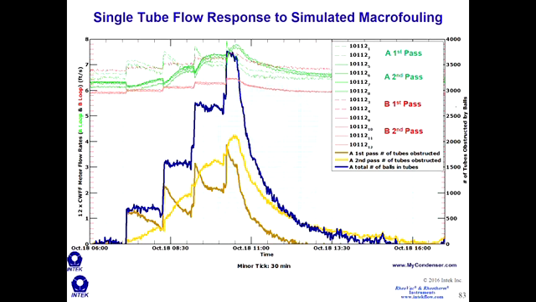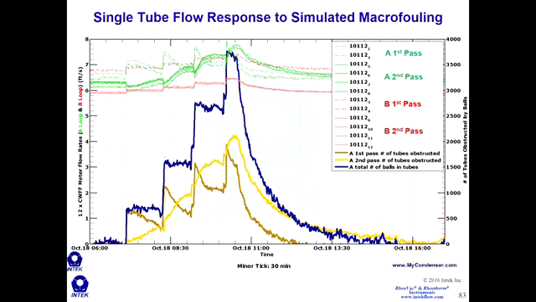Then we also have on the second y-axis the number of tubes obstructed by the balls, shown in the thicker yellow and blue lines. The bright yellow line corresponds to the number of tubes obstructed in the first pass of the condenser. The dark yellow line corresponds to the number of tubes obstructed in the second pass of the condenser, and the dark blue line is the sum of both the light yellow and dark yellow lines.